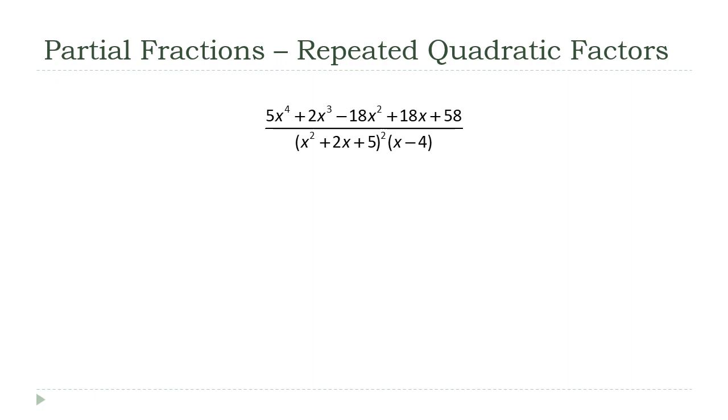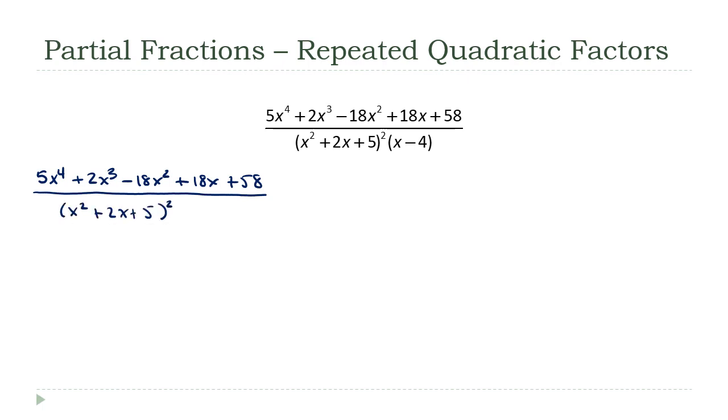So the way we're going to do this is I'm going to start with the original rational expression, 5x to the fourth plus 2x cubed, 18x squared, 18x, 58, all over those two polynomials, x squared plus 2x plus 5 squared times x minus 4. Okay, so we start the same way. The linear factor, we handle that the way we always handle linear factors.